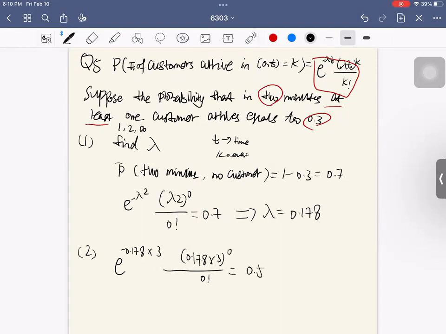We can calculate it and get the number 0.586. So we can write it down, no customer in 3 minutes is 0.586.